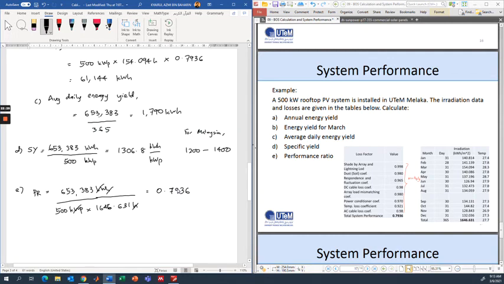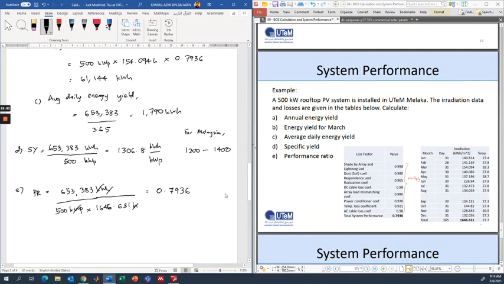But in practical application, when we don't know the actual losses, we can use the performance ratio to determine the efficiency, by dividing the actual output from the PV system by the ideal output that should be generated if there are no losses. Then we get the system efficiency, and we can determine the losses.